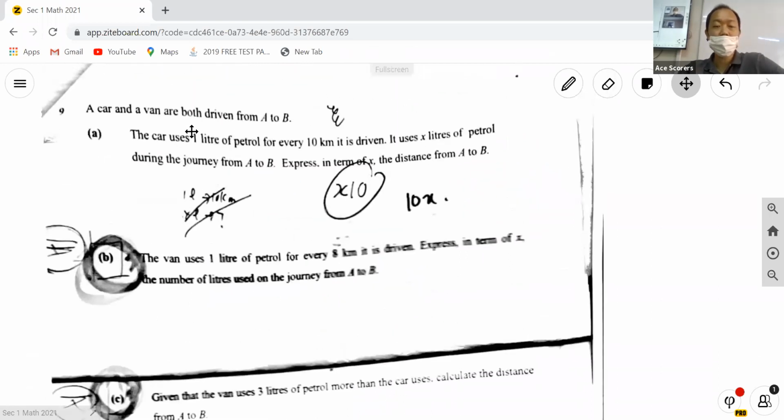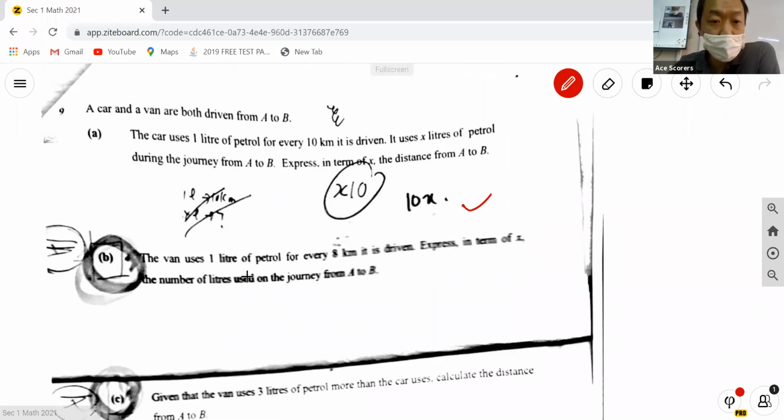A car and a van are both driven from A to B. 1 liter for every 10 kilometers, the car uses x liters, so it has traveled 10x kilometers. This is fine.